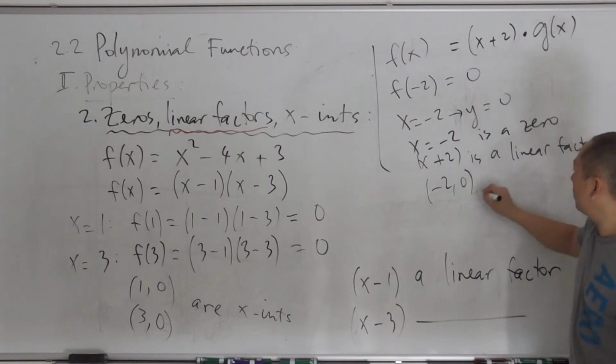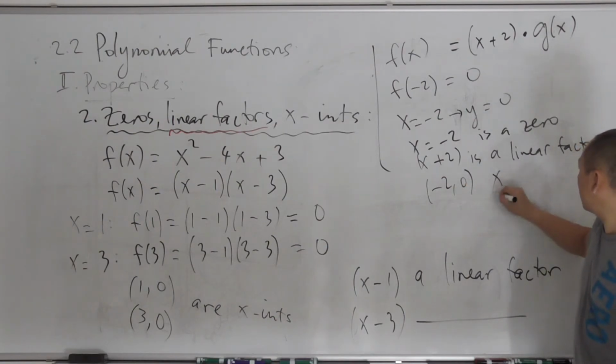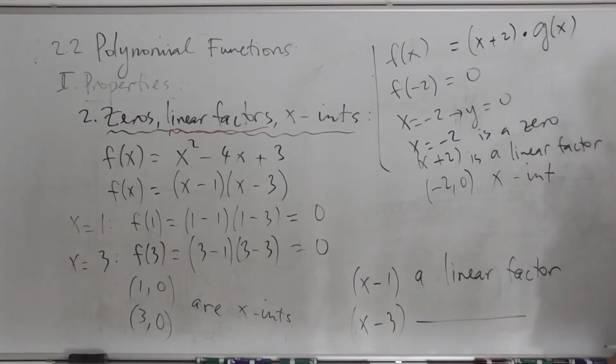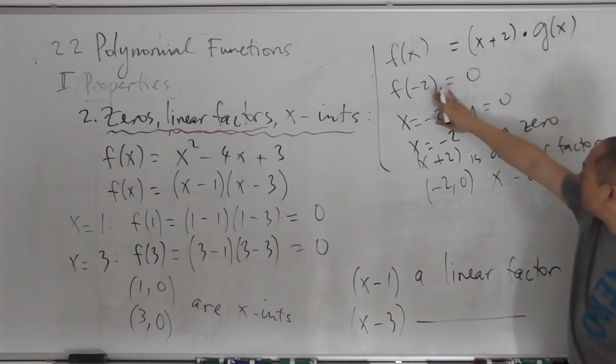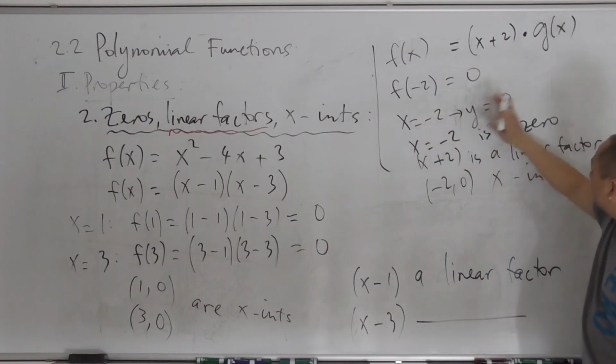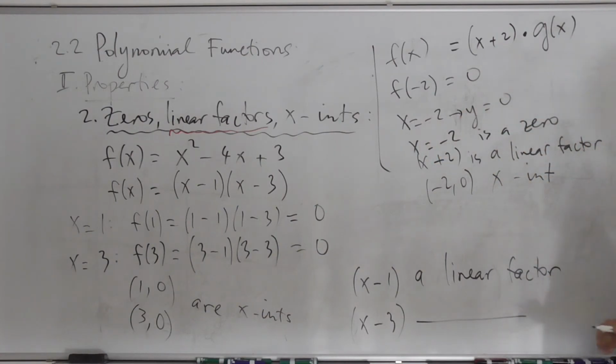Negative 2 comma 0 will be the x-intercept. Okay? In the next section, we're going to learn more about g of x right here. But for now, I try to emphasize the big picture right here. Whenever you know a 0, you will know a linear factor, and you know the x-intercept. Okay? Even though you still don't know everything about this polynomial.